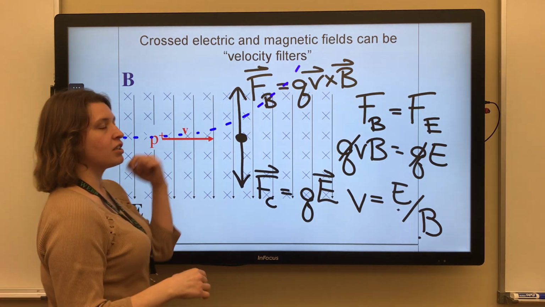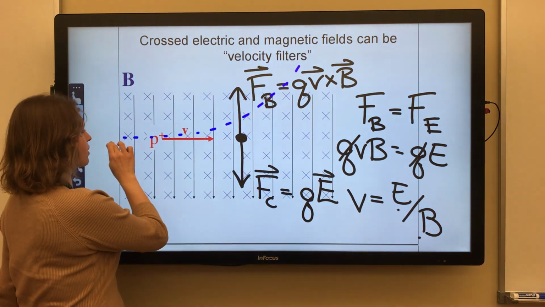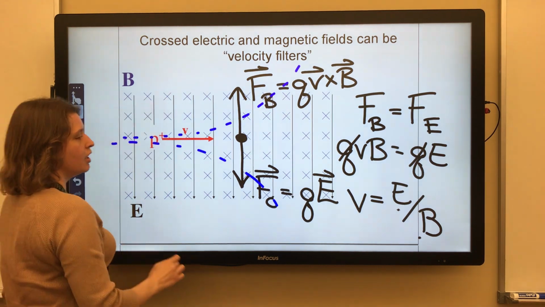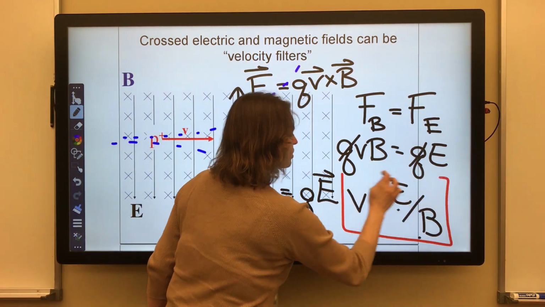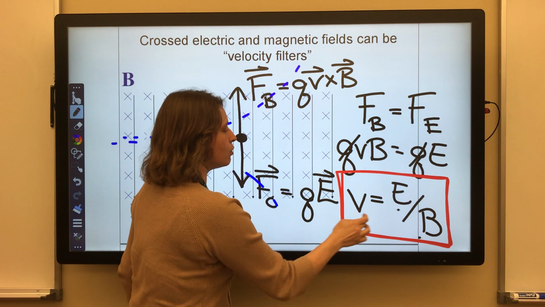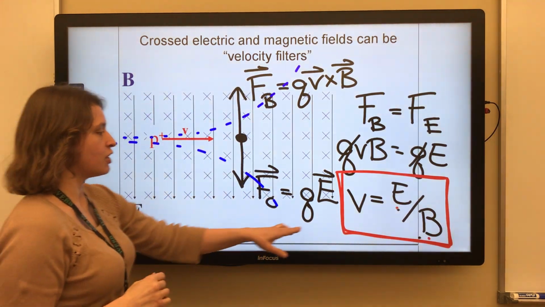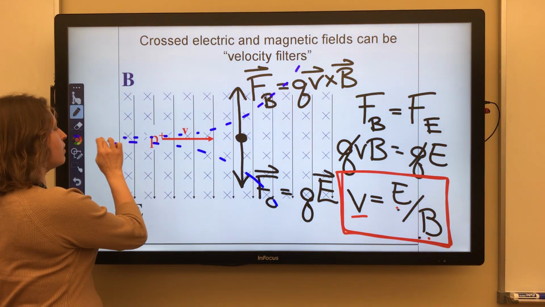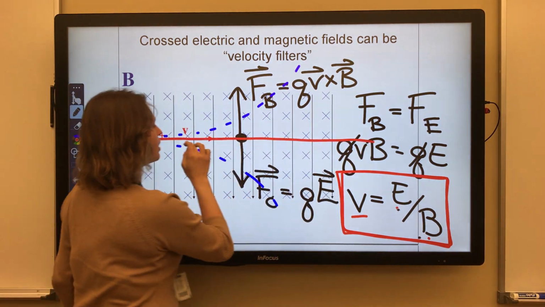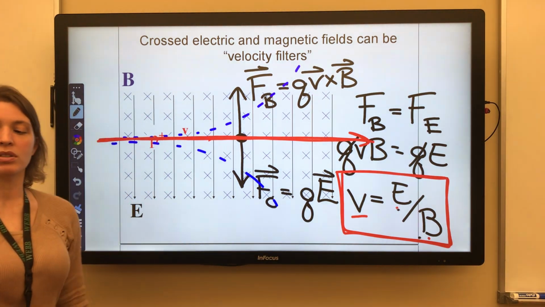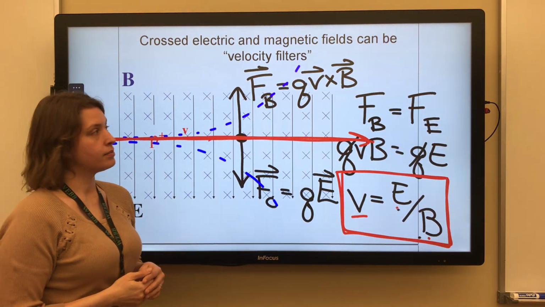Particles that go through just a little bit too slow tend to curve downward. We call it a velocity filter because if we set up our system, we tune our electric field and our magnetic field strength so that we are looking for a specific velocity, that one velocity will go through completely undeflected because the net force on the particles as they move through the system is zero.